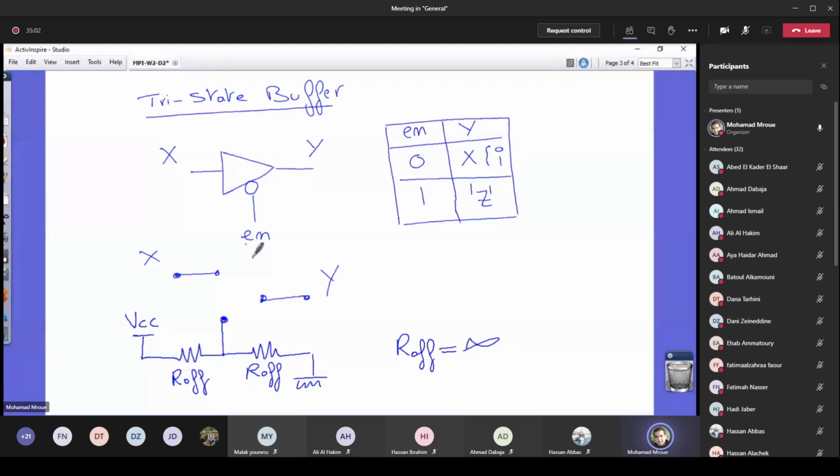So the enable controls this switch. If the enable equals 0, then Y equals X. If the enable equals 1, then Y is connected to the high impedance level, meaning nothing from this side, it doesn't take a given value, neither 0 nor 1. So in this case we can permit connecting Y to something else.